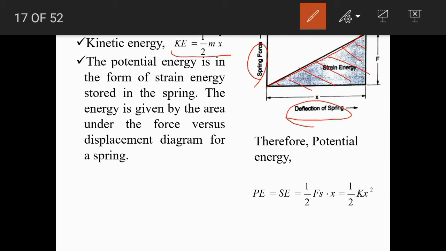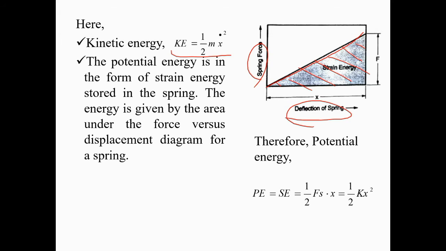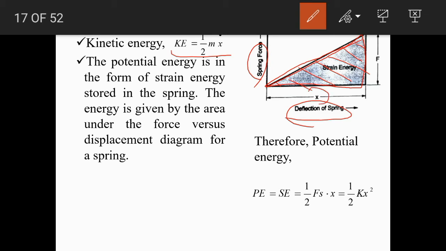So it would represent the strain energy of a spring. Here the area under the curve is a triangle, and we know the formula for a triangle, 1/2 base into height. Here the base is x and the height would be F, which is the spring force.